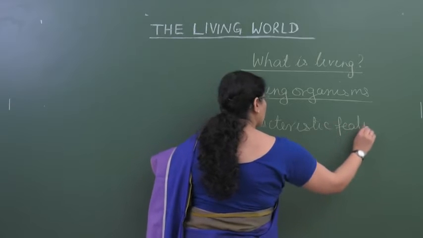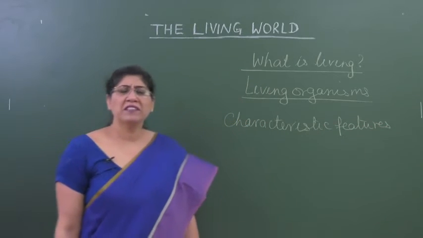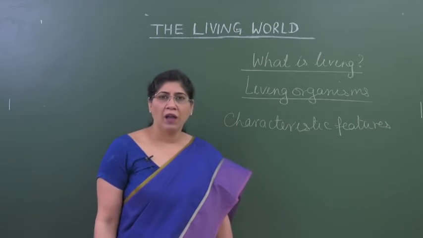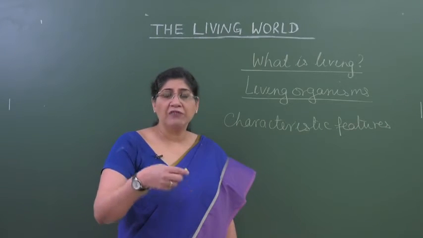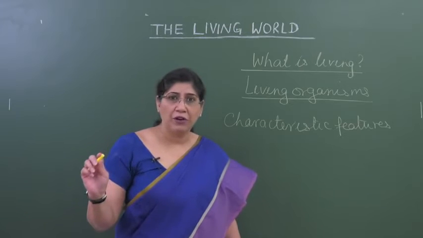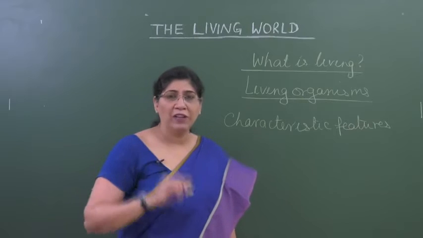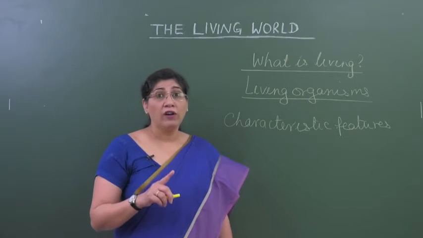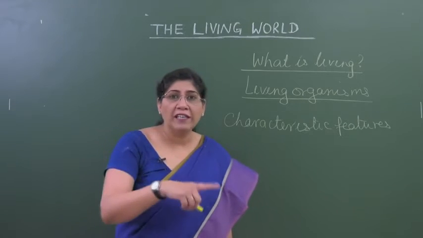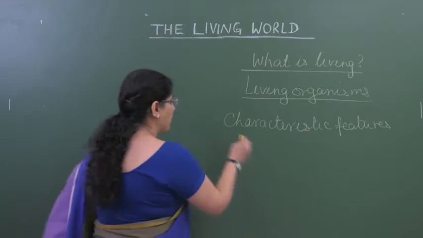पहली चीज हम क्या देखते हैं? कैरेक्टरिस्टिक फीचर. तो कैरेक्टरिस्टिक फीचर क्या है? A feature or a trait which is present in a living organism, it may share it with non-living, or all living organisms may not have that character. Characteristic feature क्या होगी?